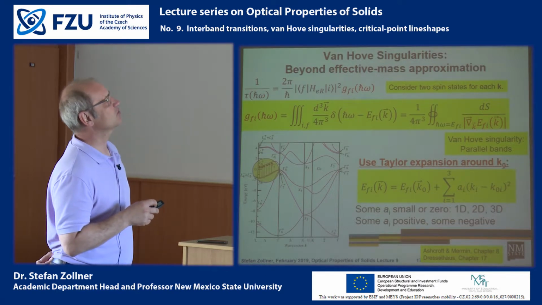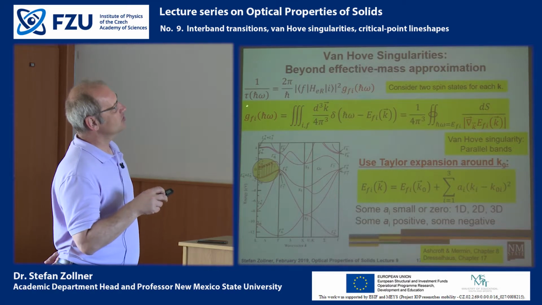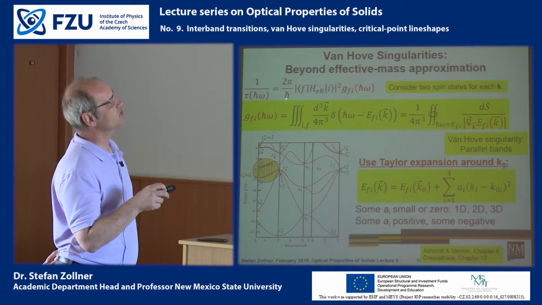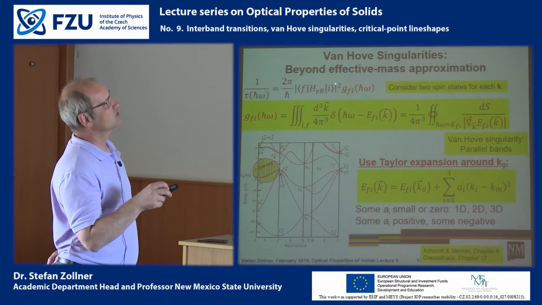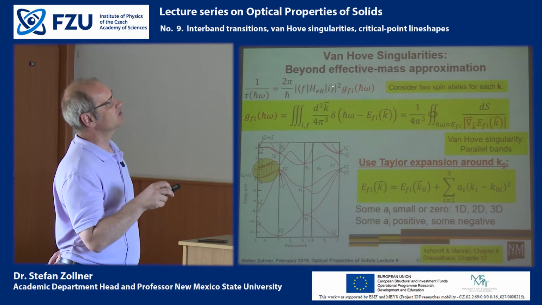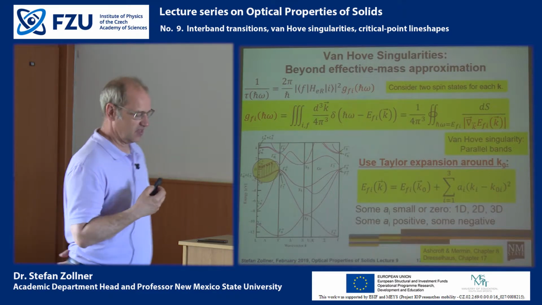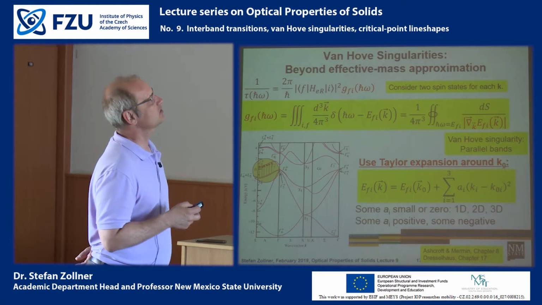So let's look at Fermi's golden rule again. The transition rate has 2 contributions. There is the square of the momentum matrix element multiplied by the joint density of states. We talked about this momentum matrix element, that's the k dot p matrix element, and we evaluated that probably 2 lectures ago.